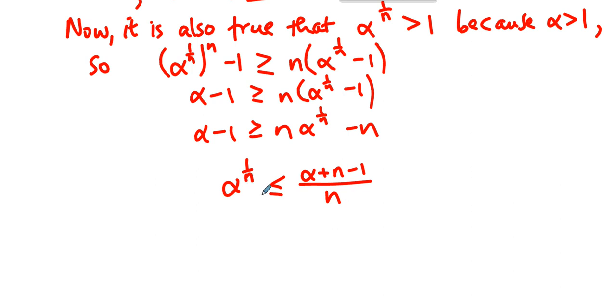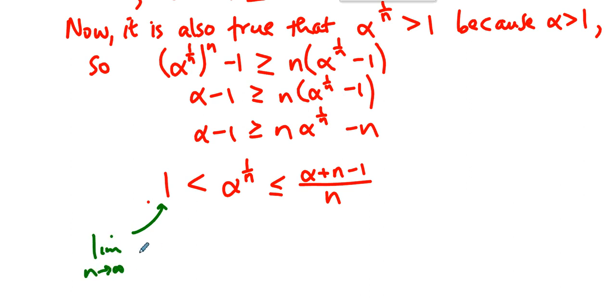It also must be true that alpha to the 1 over n is greater than 1. That's got to be true. And so alpha to the 1 over n is trapped between two quantities.